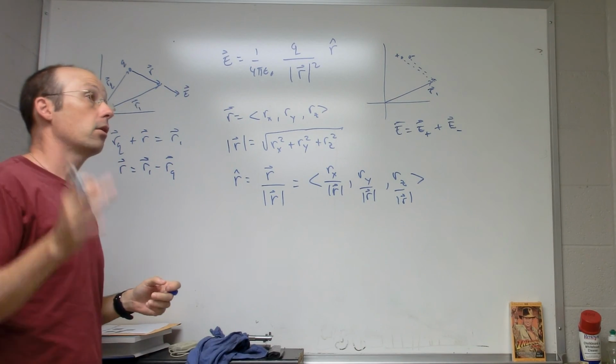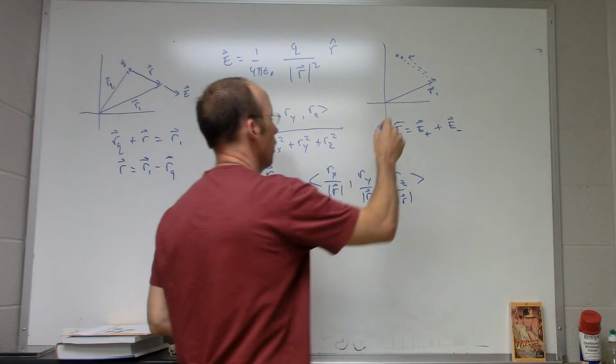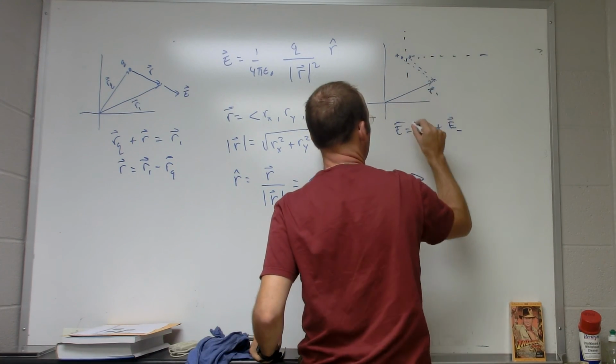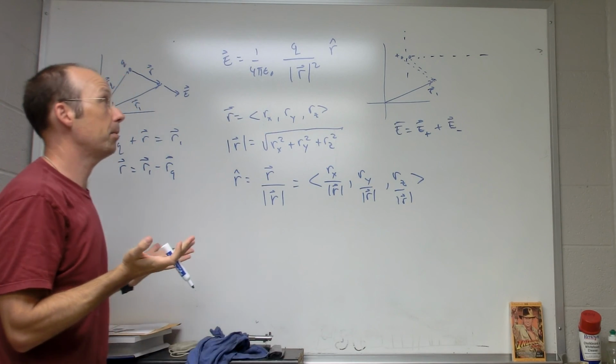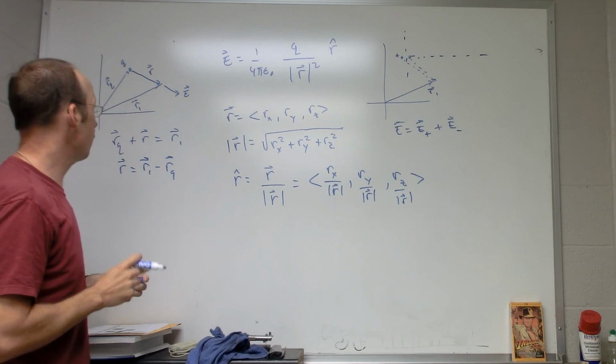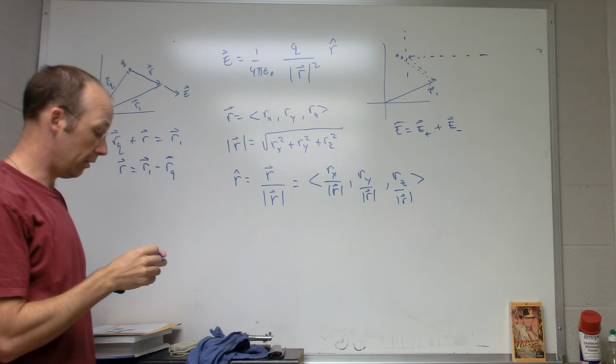There's also a method for getting an approximate solution for the electric field due to a dipole along the axis and perpendicular to the axis. But if you just find any particular point and calculate it, you can do it that way too. So that's really the very basics of the electric field due to a point charge and due to a dipole.